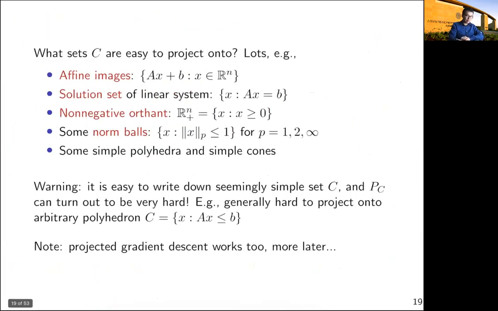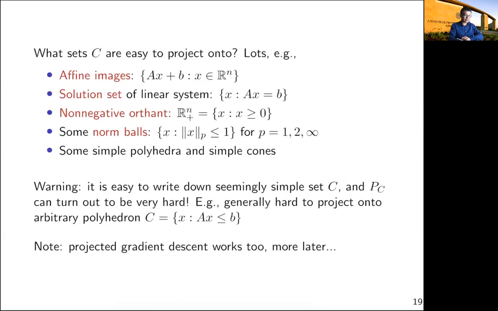Okay. While this is a useful algorithm to have, often projection to a given convex set is a non-trivial thing to solve in the first place. Specifically, there are sets that are easier to project to, like affine images, solution sets, some kinds of norm balls, the non-negativity cone.